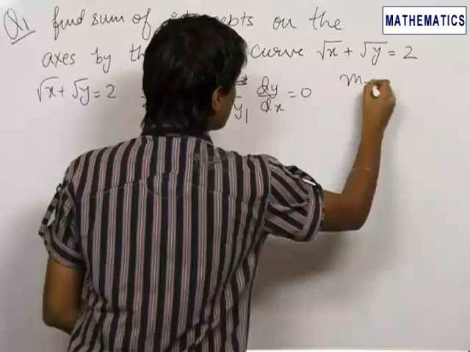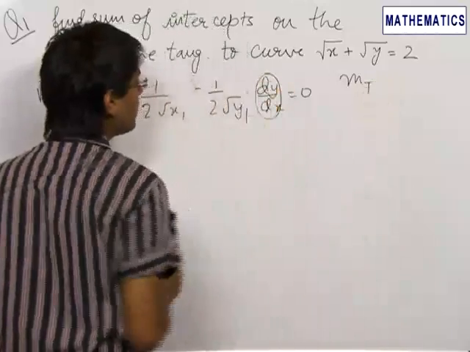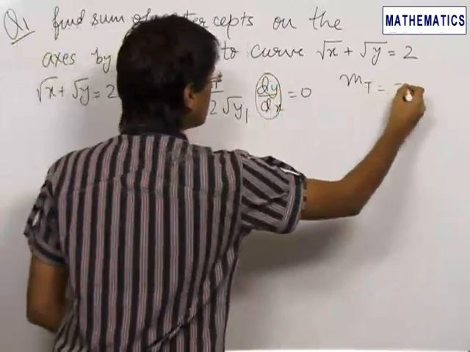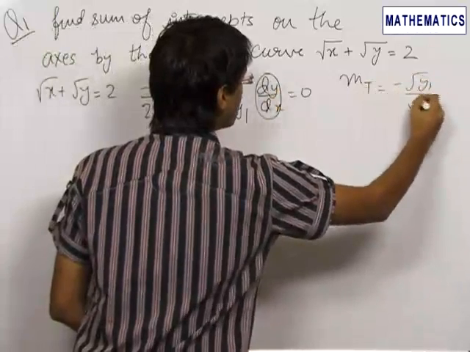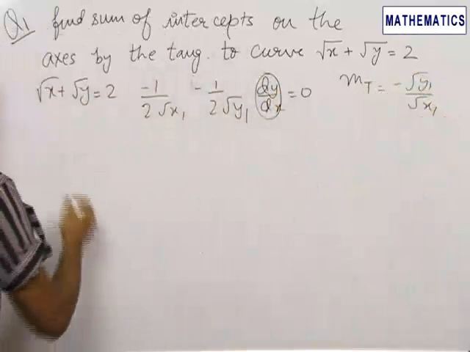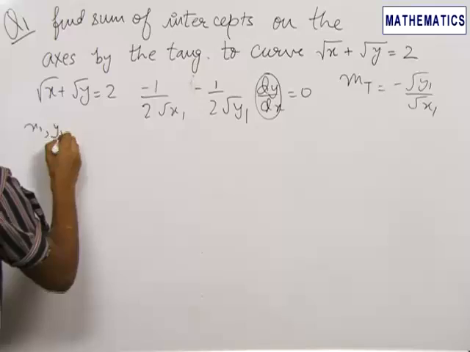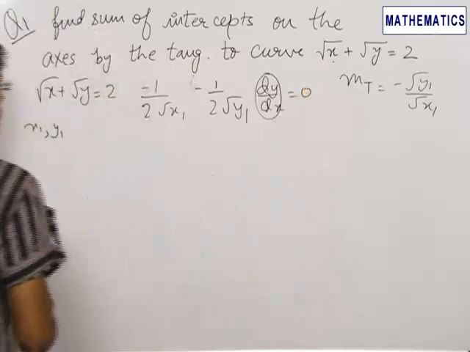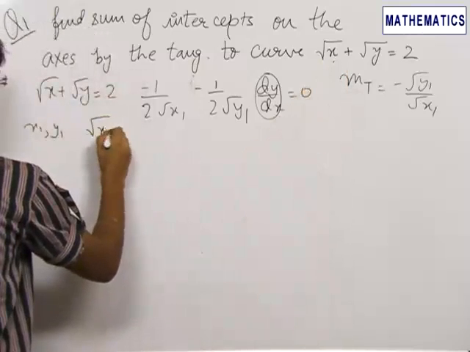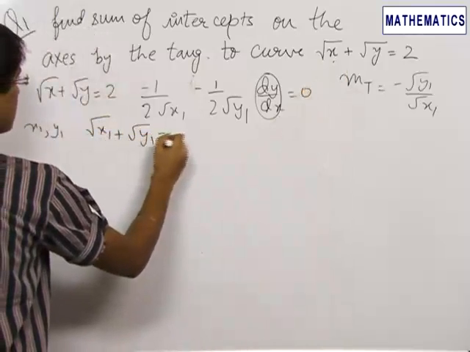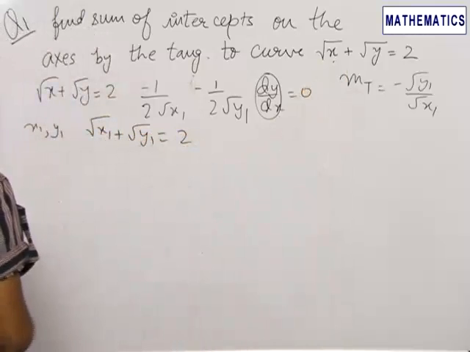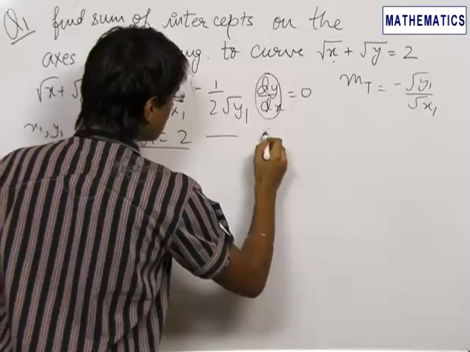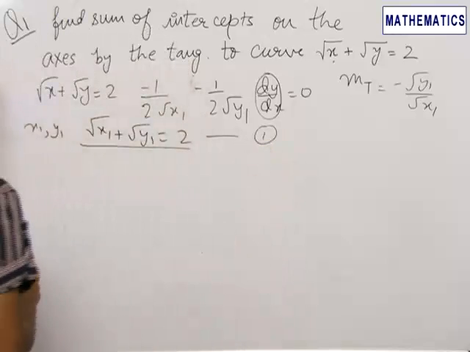So the slope of tangent, which we know is equal to dy by dx, is equal to minus of root y1 upon root x1. And also, since x1 comma y1 is satisfying the curve root x plus root y equals 2, we have root x1 plus root y1 equals 2. We'll use this result after some time.